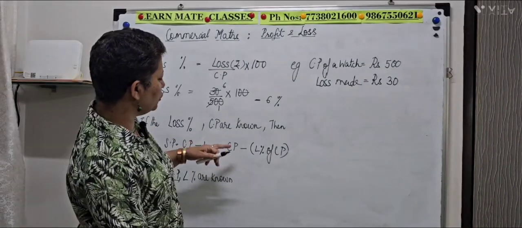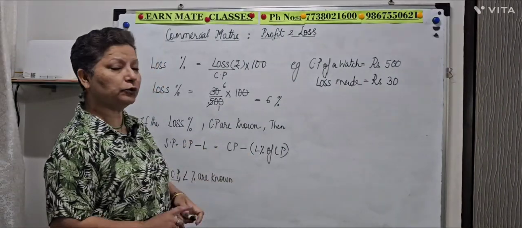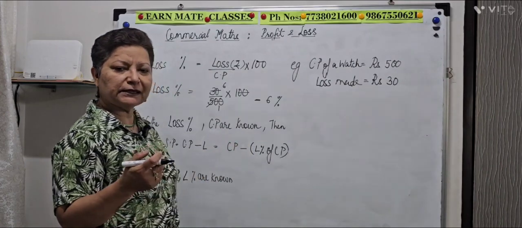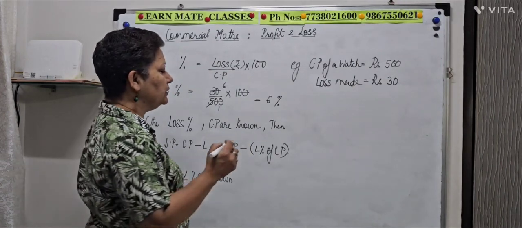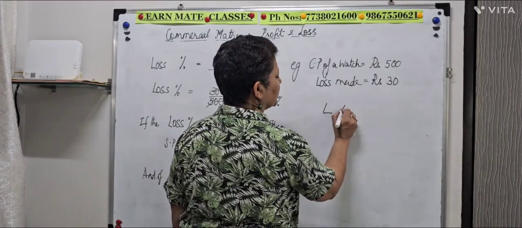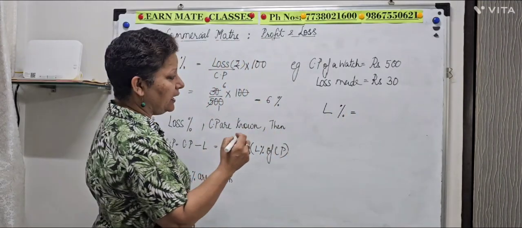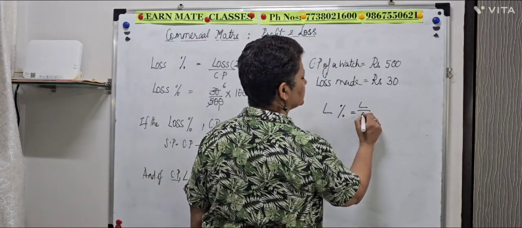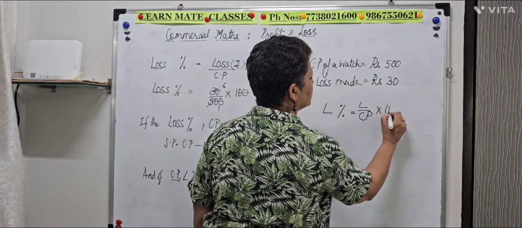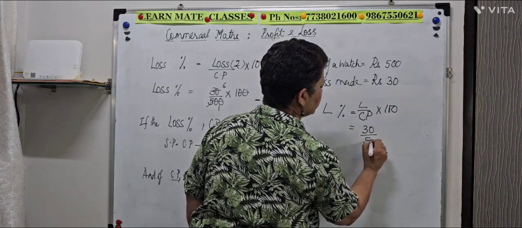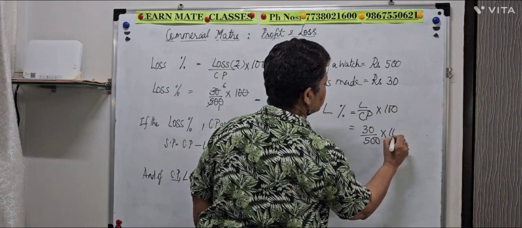So when we are talking about loss percent, how do I find it? Whenever we need to find a percentage, it's always multiplied into 100. So loss percent, with the help of this example, is loss upon CP into 100. In this case, it becomes 30 upon 500 into 100.